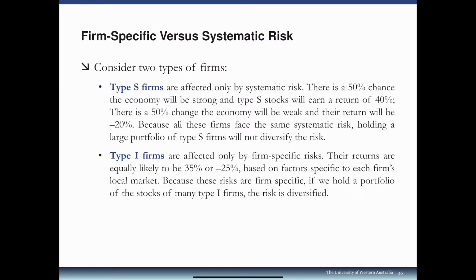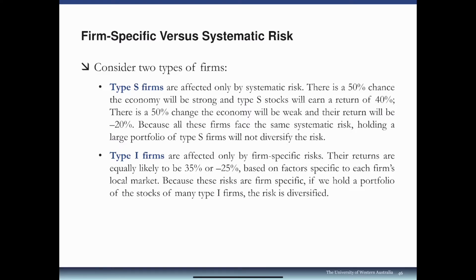Because all these firms face the same systematic risk, holding a large portfolio of type S firms will not diversify the risk. It's just like if I buy one BHP share, and if everything goes up, BHP goes up by 5%, and if everything goes down, BHP goes down by 3%.